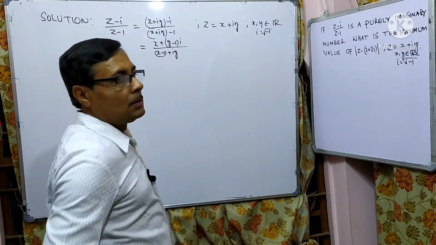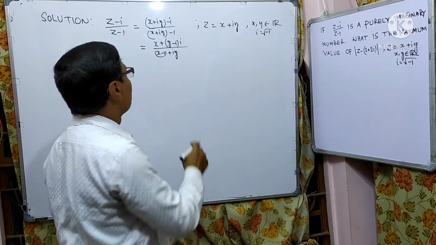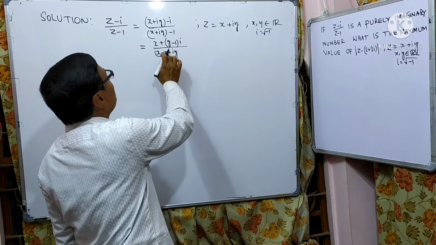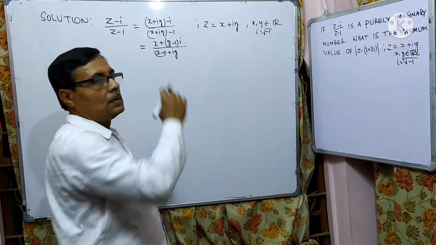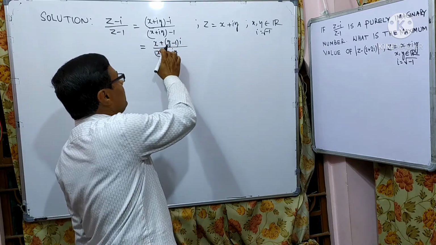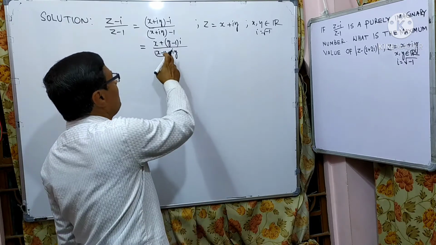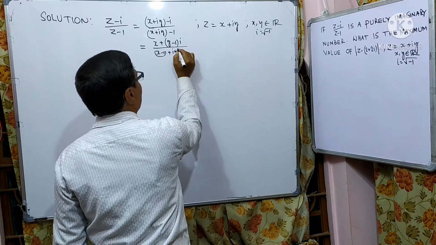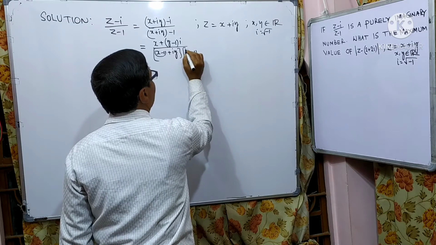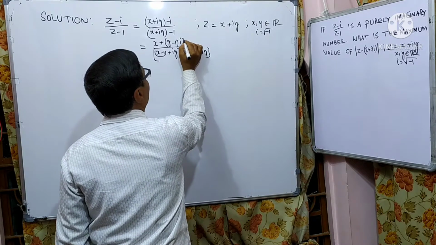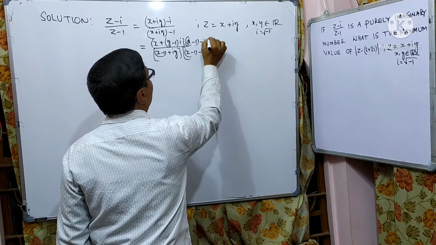Here this is the denominator, its complex conjugate is x minus 1 minus iy, and we multiply both numerator and denominator by the complex conjugate of the denominator, x minus 1 minus iy.